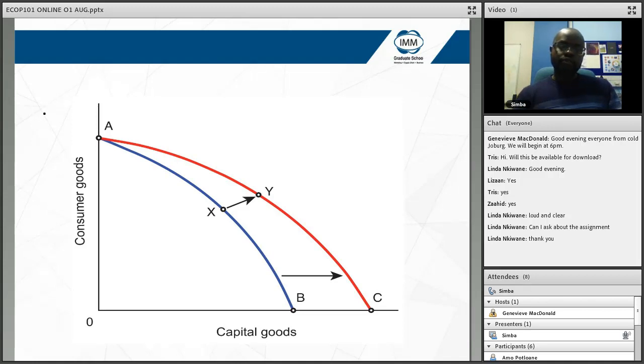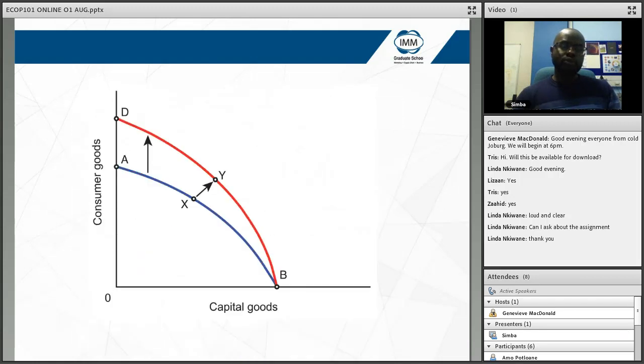So that could also happen in terms of the other product, which is consumer goods. We can start producing more consumer goods whilst the production of capital goods remains the same. Again, the reasons could be the ones I just gave before, but now there will be an increase in the production of consumer goods whilst capital goods production remains the same.